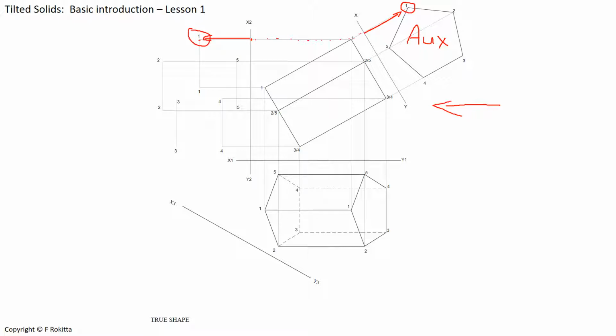This we will now continue to do with numbers 2, 3, 4 and 5. That is all for the top lid of our pentagonal prism.